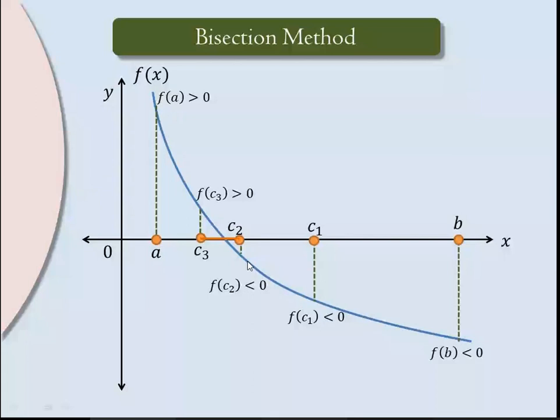Take the midpoint of that, check opposite signs, take the new interval. Like that, continue, and after some finite number of steps, we can reach the desired root.